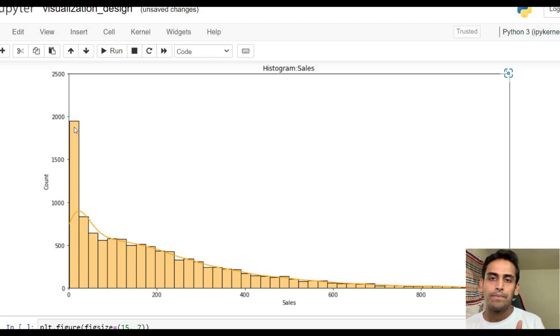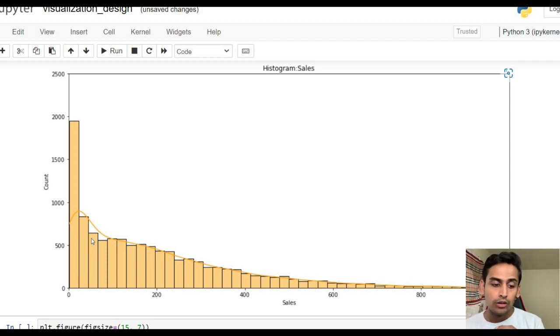Since I have data of 10,000 observations, it means 2000 observations have sales between 0 to 25. So I can say from this graph that 20% of my sales are happening between the range of 0 to 25. Then similarly, from 25 to 50, I see around 800 observations. And from 50 to 75, I can see around 700 observations.